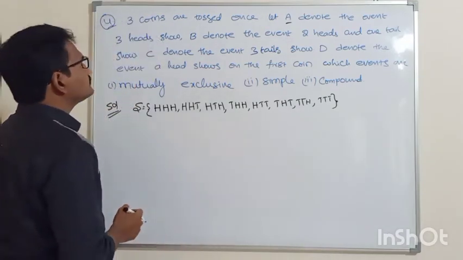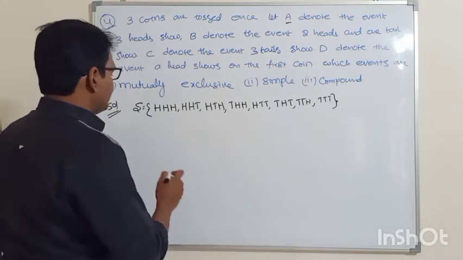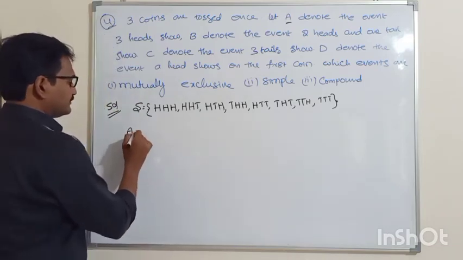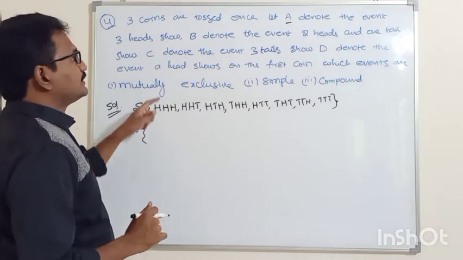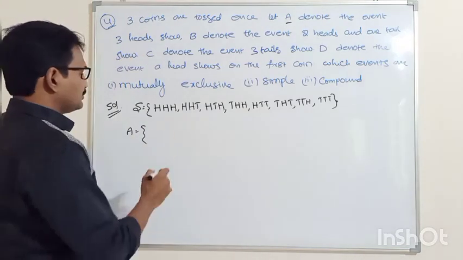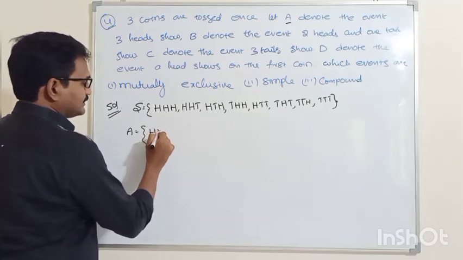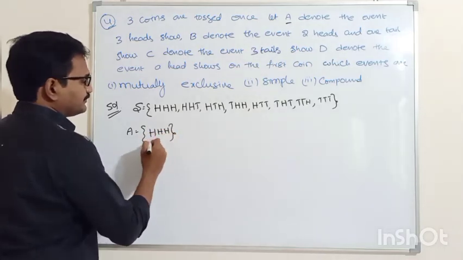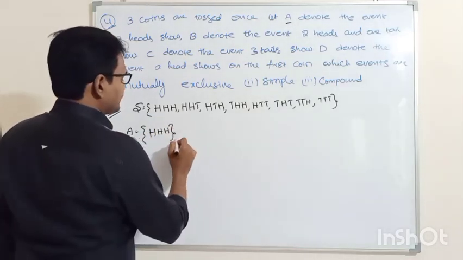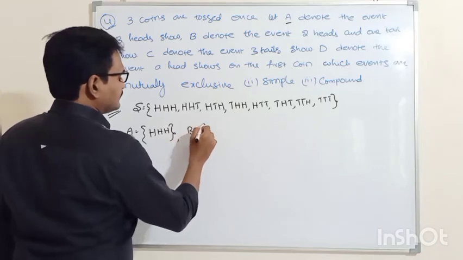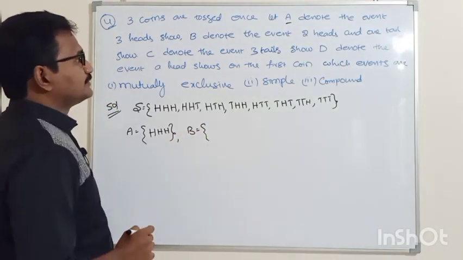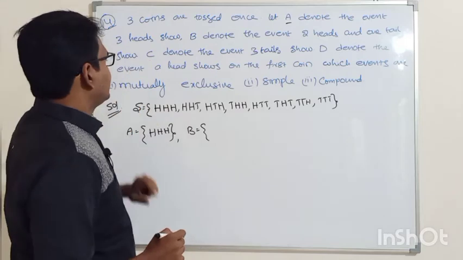Now, what is event A? Event A denotes 3 heads show. If you observe this sample point, 3 heads are there. Next, B denotes the event of 2 heads and 1 tail show.